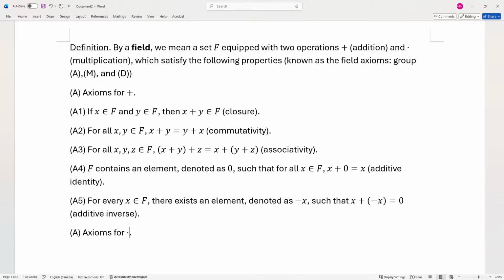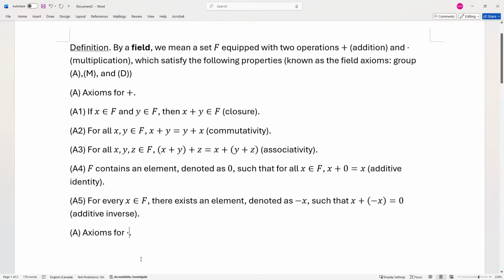Okay. So what are the axioms of multiplication? Well, pretty much the same thing. We still want closure, of course. We want the result of the multiplication to be still in the set F, the field.